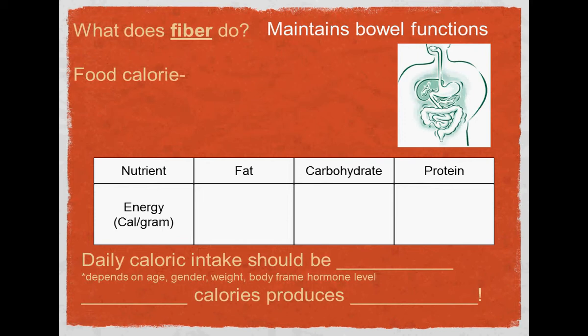So when we talk about foods, I know you're familiar with calories, so you could look on a bottle of soda and you can see how many calories it contains, or on a package of food. What do the calories actually represent?